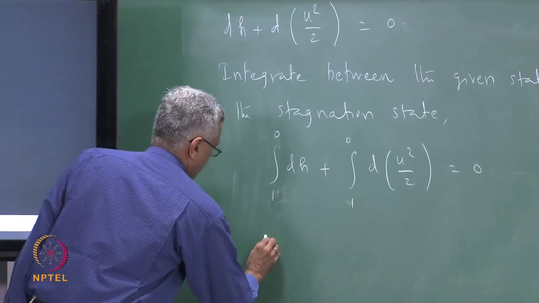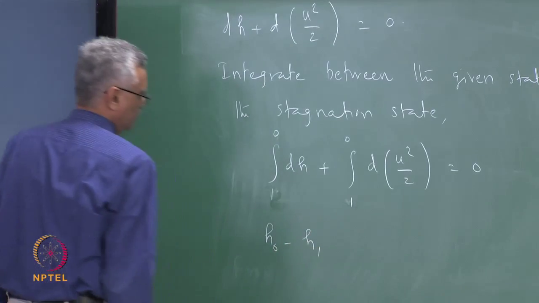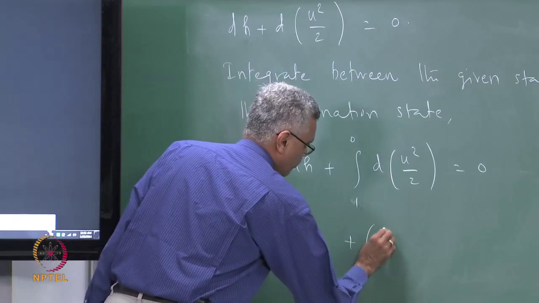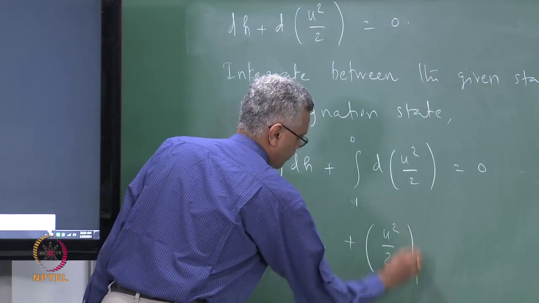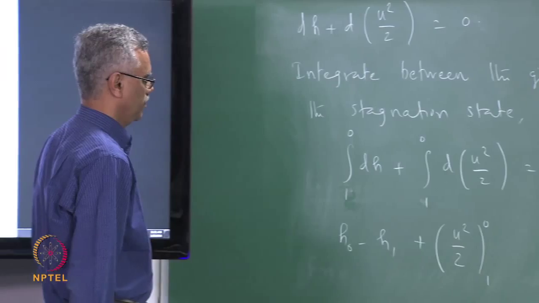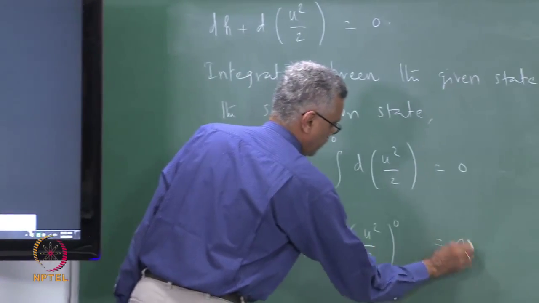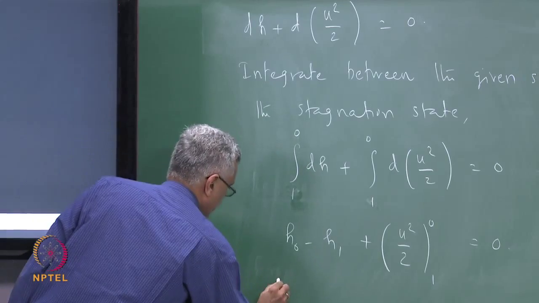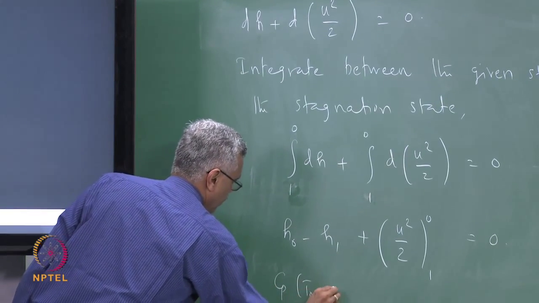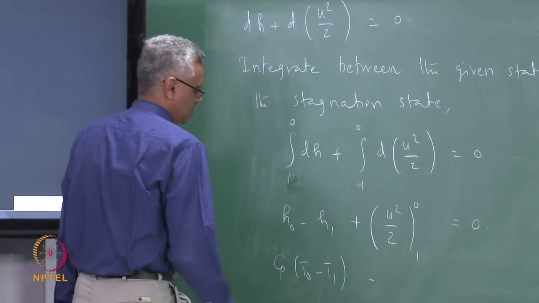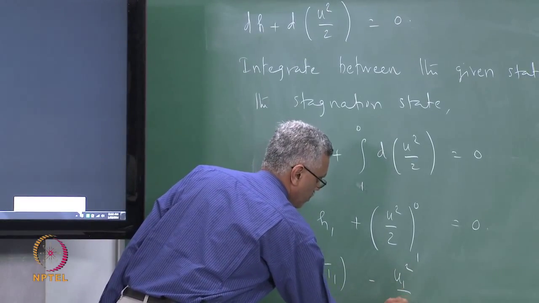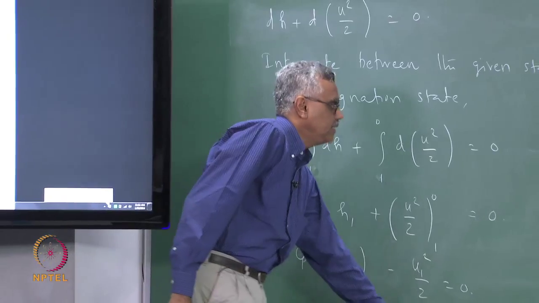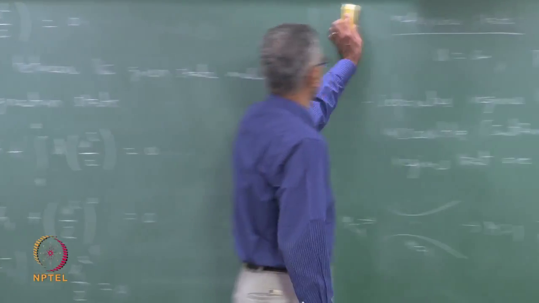So we get H0 minus H1 equal to 0, and since it is a calorically perfect gas, I can write this as Cp times T0 minus T1 minus U1 square over 2 equal to 0.